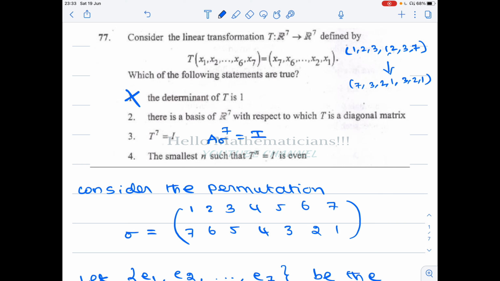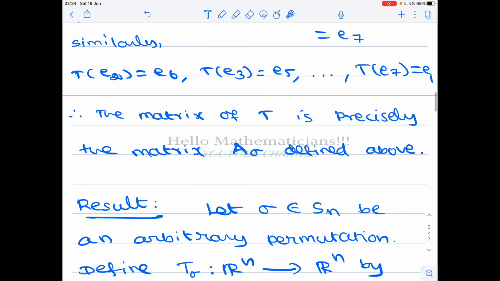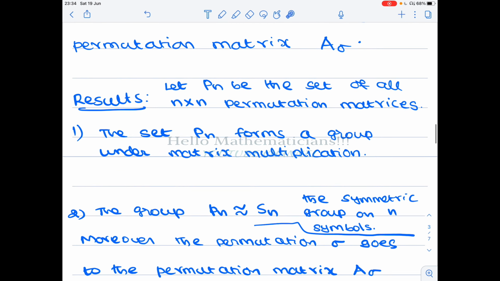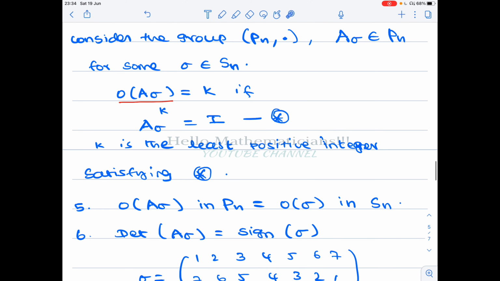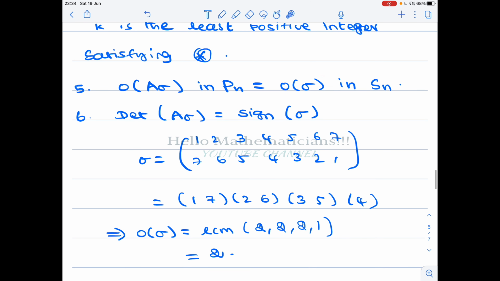Let's calculate whether A sigma power 7 equals I. For this reason only we defined the notion of order in the group Pn. So now let's calculate the order of the matrix A sigma in the group Pn. What we have concluded here is that the order of A sigma equals the order of sigma. So what is the order of a permutation?